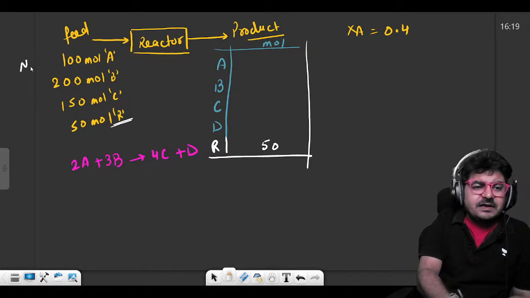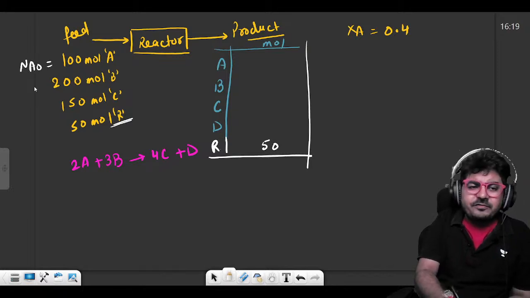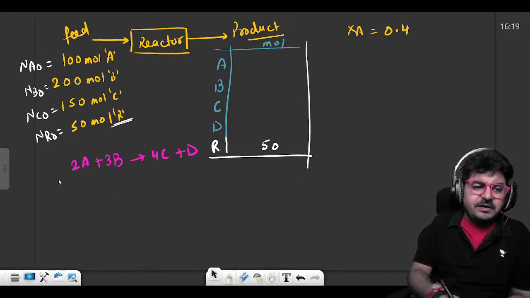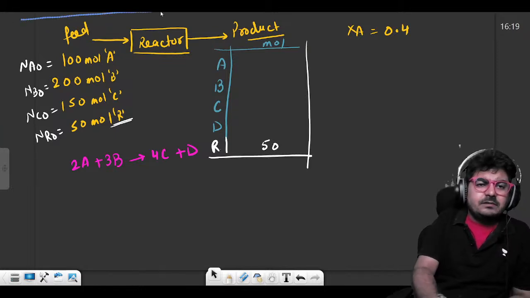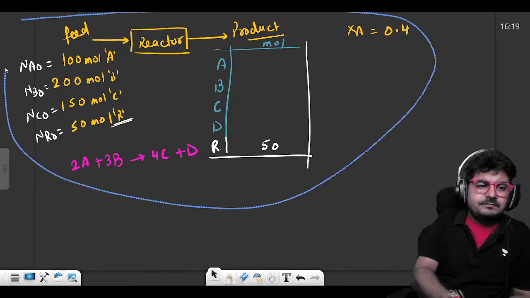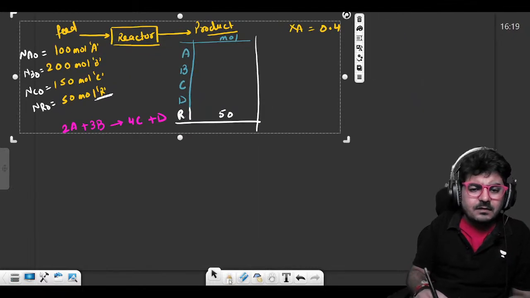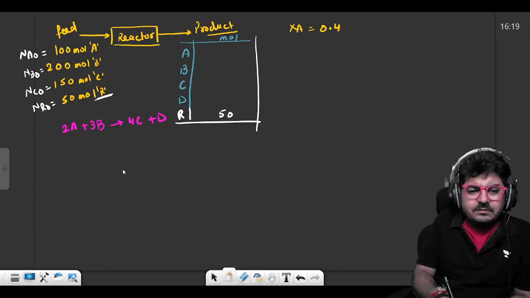So we can think like this: 100 is the initial moles of A, Na naught. Initial moles of B, 200. Initial moles of C, 150, and initial moles of R. How do we find them? Look, it is very easy, you don't need to do much. Just do one thing: make a table.